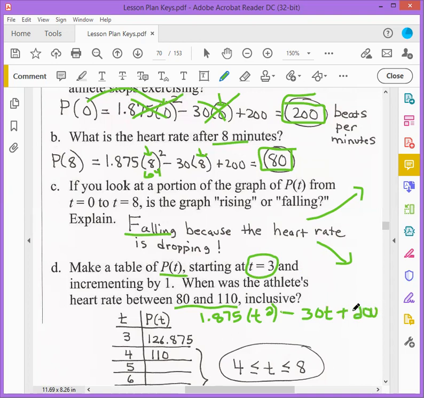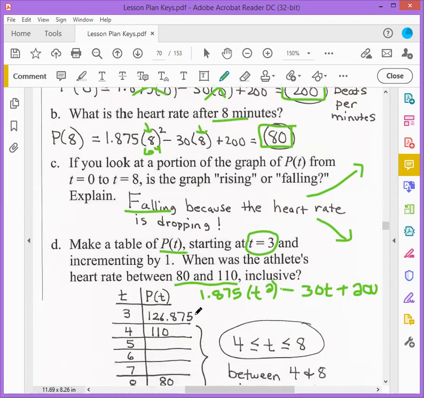And for each of these rows, row 1, we're going to substitute 3 for t. So we get 3 squared, that's 9 times the 1.875, minus 30 times 3, plus the 200 at the end.